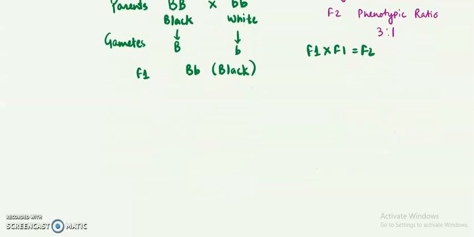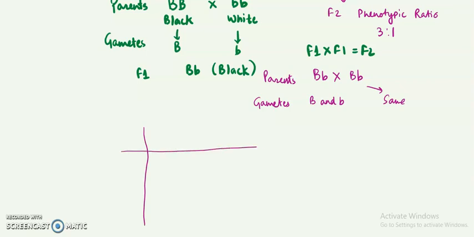We are crossing here capital B, small b, with the same. So here these are our parents, and the gametes would be capital B and small b, and the same here. If we are making a Punnett square, we would write the gametes of the male on the x-axis and the gametes of the female on the other axis.